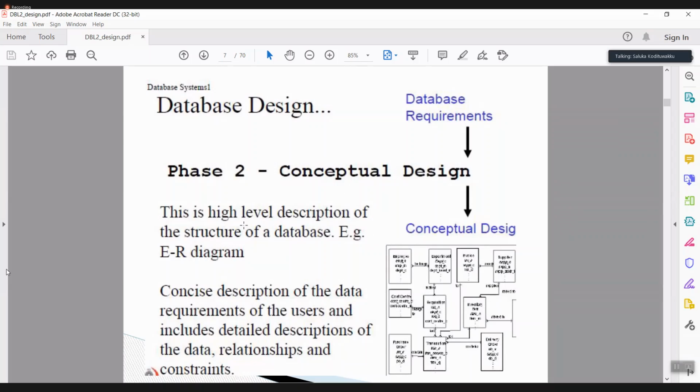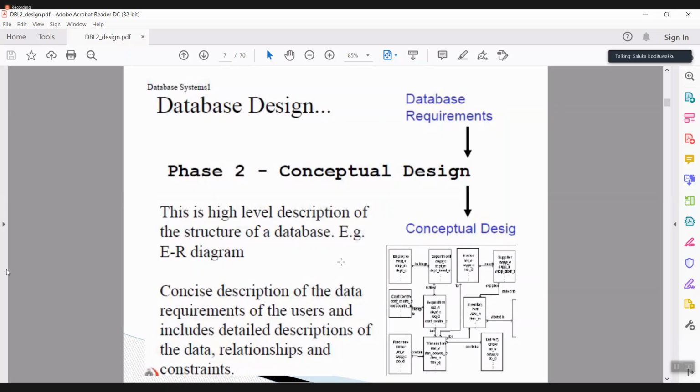And then one example for this conceptual design is, once you complete the data gathering part and analysis part, you have an idea about what kind of entities, attributes, relationships, and constraints are included in your database.